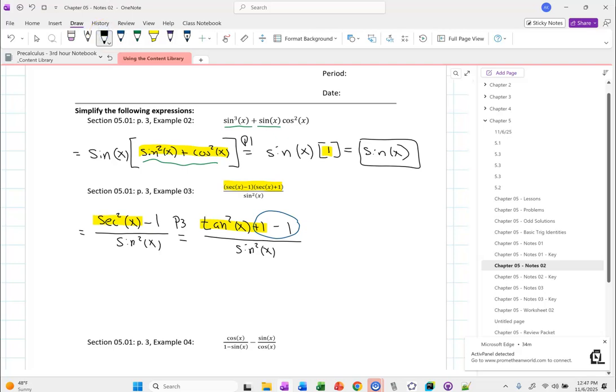What's 1 minus 1? 0. Well, that's great. So now we have tan squared over sine squared.